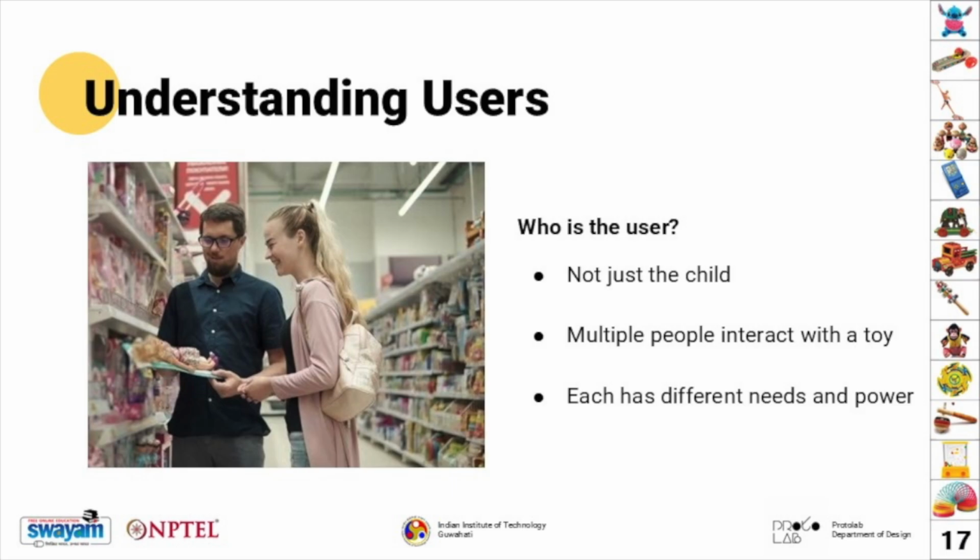Each of these spaces introduces other users. A toy is touched, judged, stored, purchased, and regulated by people who never play with it. These users influence whether the toy is bought, allowed, or rejected.